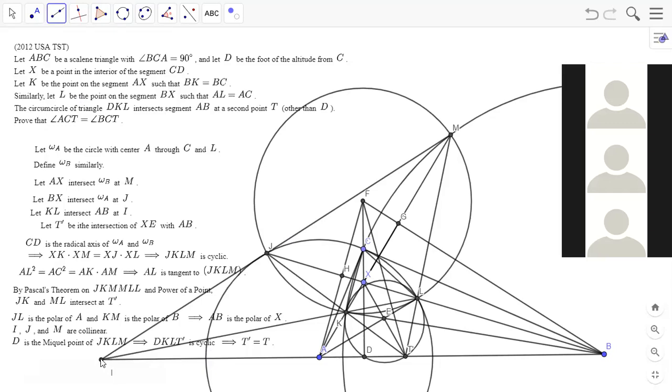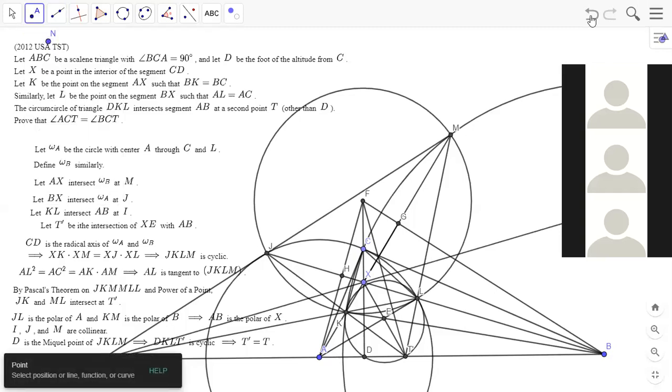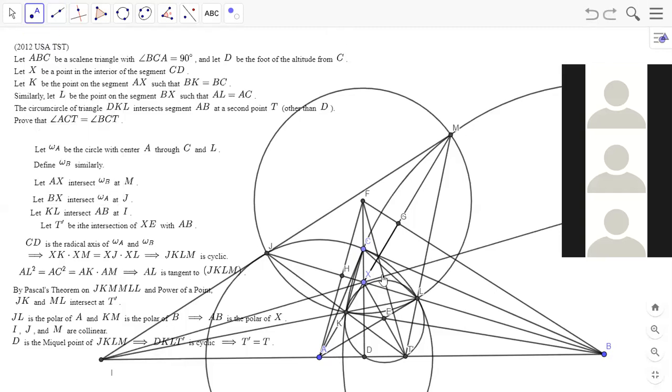Waiting for that thing to go away. Sorry, my screen is freezing up. Okay. So this point right here, right?